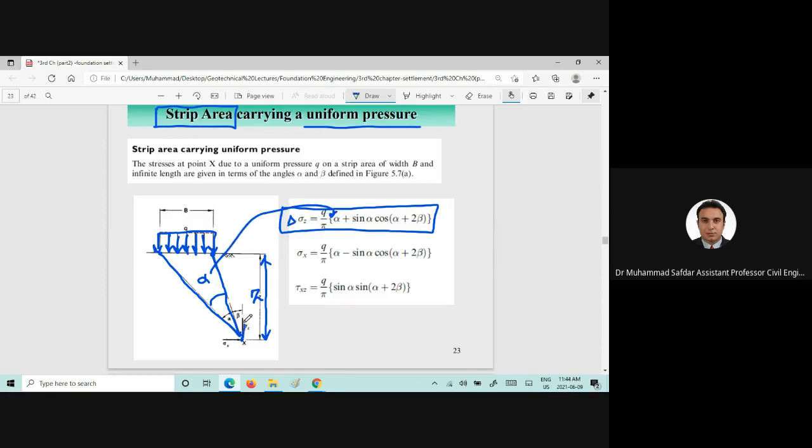Now, if you draw a vertical line, and the line which is coming from the right corner of the strip footing, that B which is being used in here, Z is there, and also alpha, sine alpha, cos alpha, and Q, where Q is the pressure intensity which is exerted on top of that strip footing.